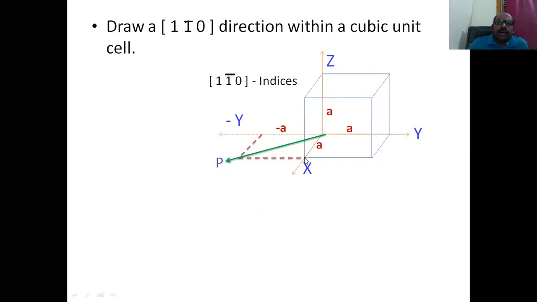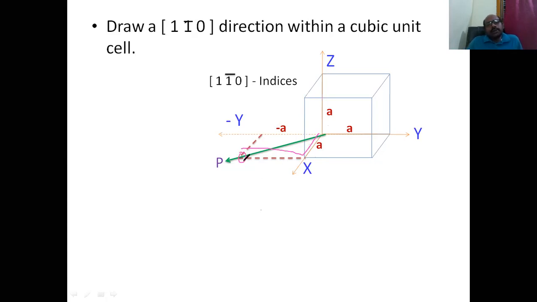Next, along the y-axis 1 unit in the negative direction, so from here onwards we move along the negative y-axis. At first, along the x-axis 1 unit, then along the negative y-axis 1 unit. In that way we identify the lattice point here.